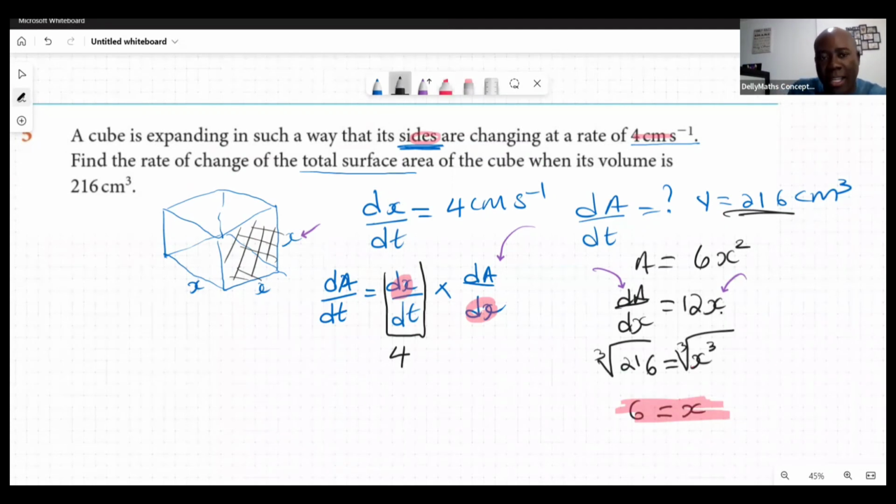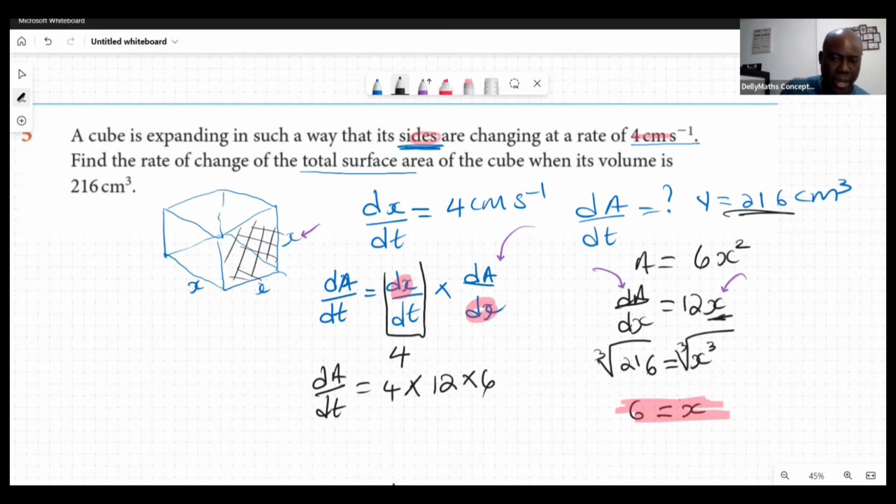So the final response is this. dA/dt is going to equal 4 times 12x, but x is 6, right? So basically 12x, x is 6.